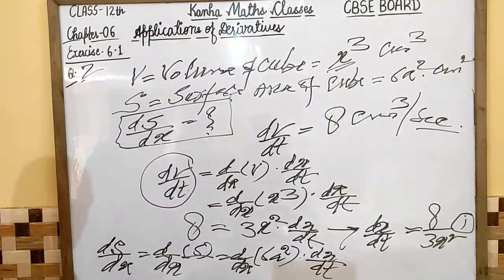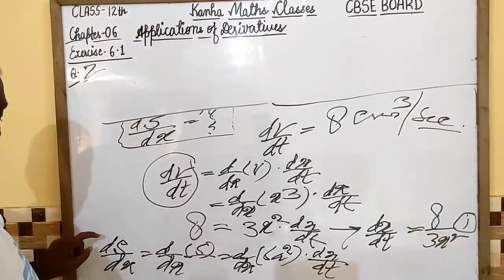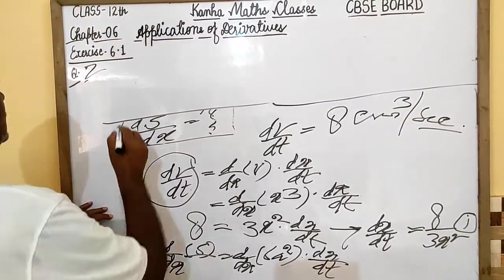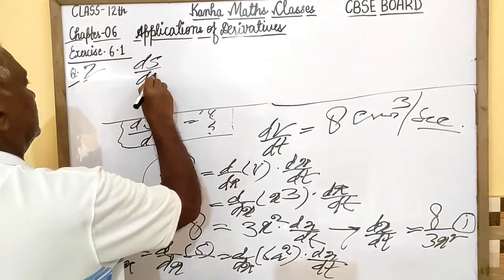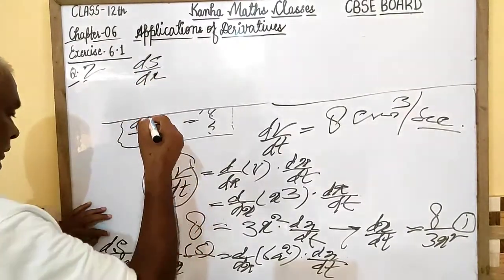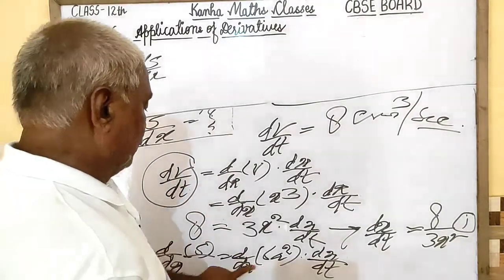Now due to lack of space on upper portion, now ds by dx is equal to d dx of 6x square.